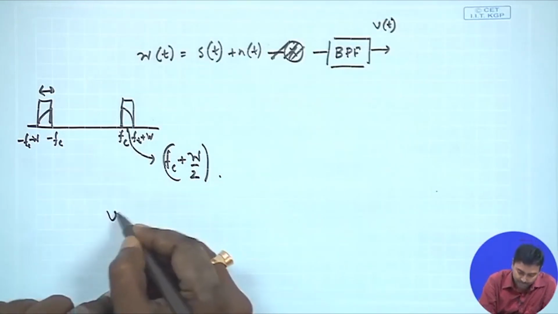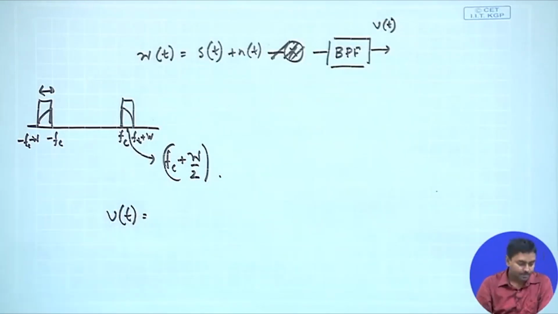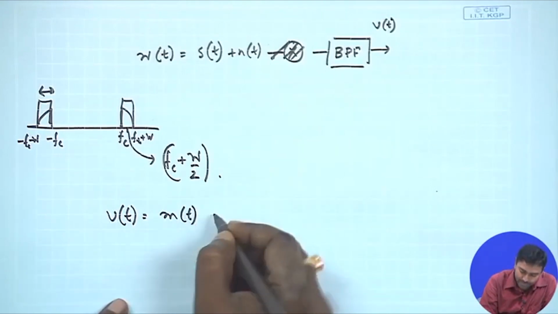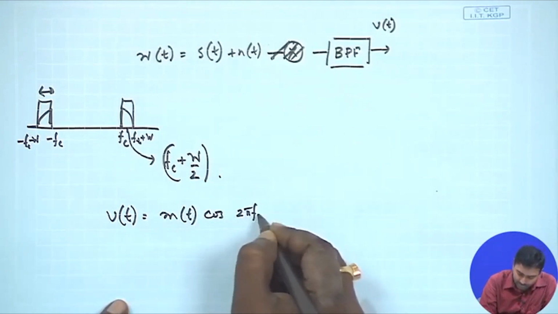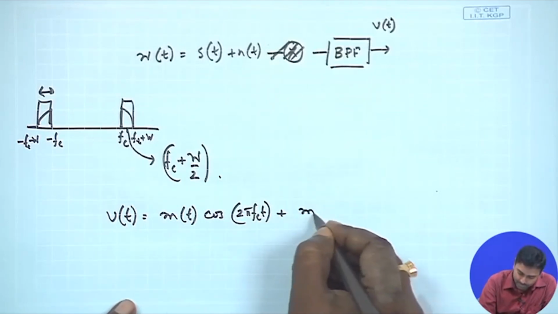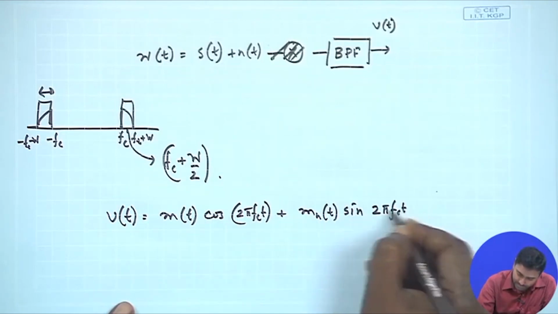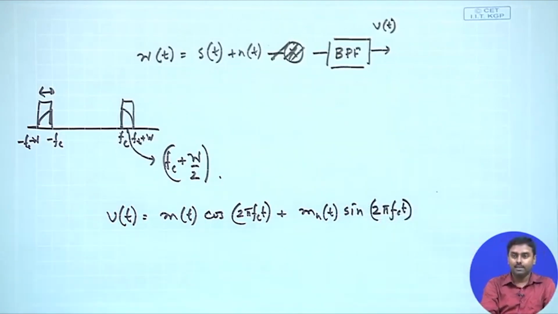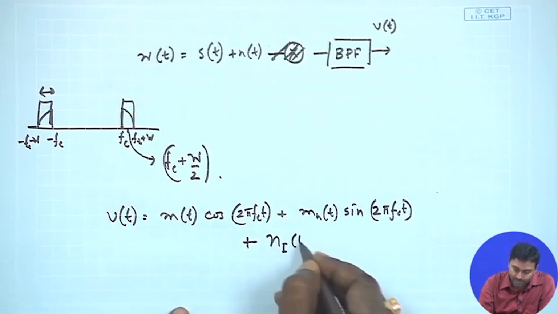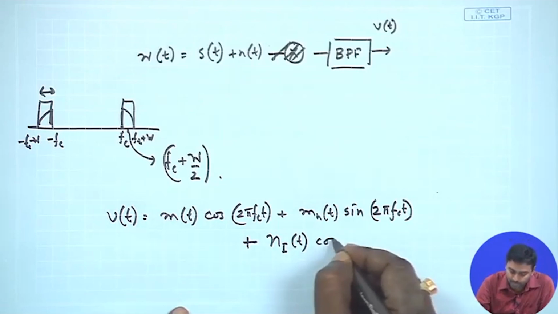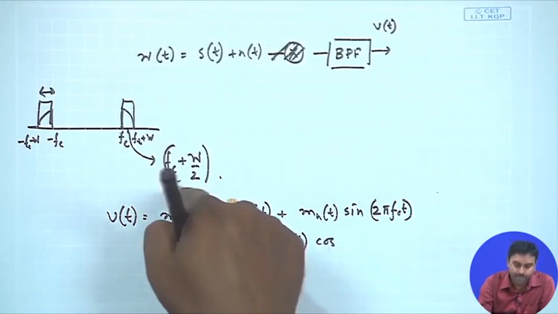So, if suppose I call this Vt, my Vt should look like Mt. So, St will remain the same, cos 2 pi Fct plus Mht sin 2 pi Fct. So, these two things are there. Plus now the noise part. Noise is a band limited noise. So, therefore, it must have an in phase component, but the corresponding cos should be at this frequency.